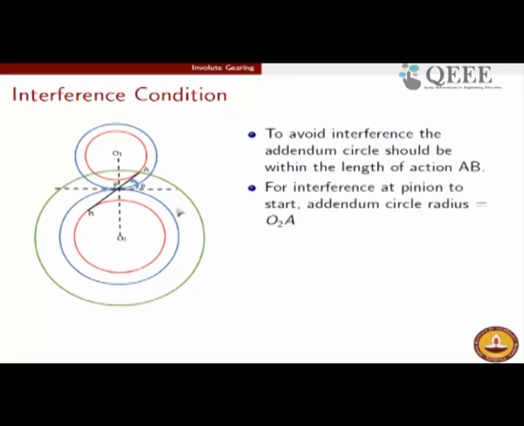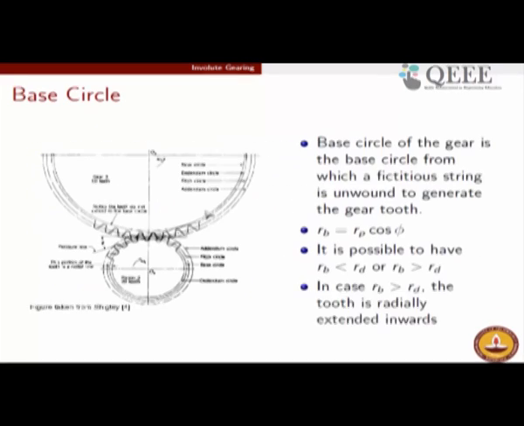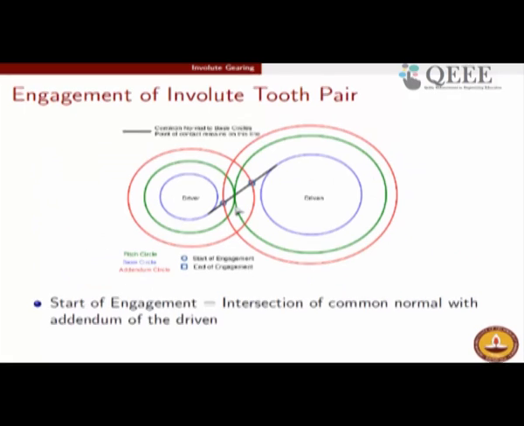We have already seen that the point of contact between the two gear teeth will have to stay on this line AB, but it does not necessarily have to extend all the way from A to B. It has to extend only up to the points of intersection of the addendum circles. Wherever the two addendum circles intersect this line of action, as we had seen a few slides upstream, that is the point of engagement and disengagement.